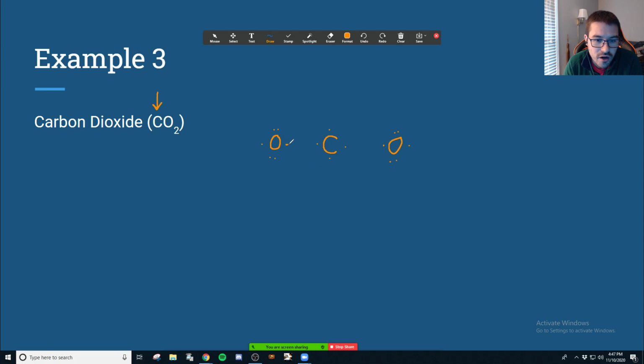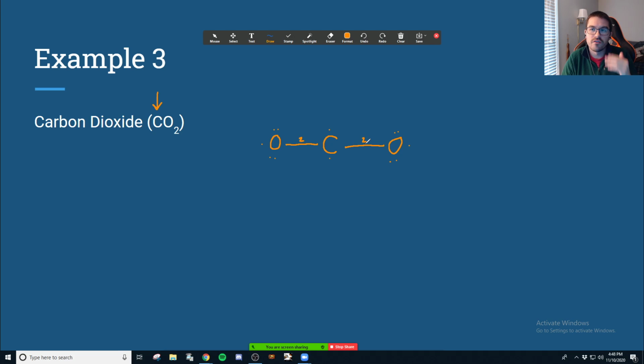Each time it shares, its total number of electrons goes up by 1, right? We started with 4, now we have 1, 2, 3, 4, 5. The line counts for 2, right? So 1, 2, 3, 4, 5. If I share again, now I'm at 6. 1, 2, 3, 4, 5, 6, right?